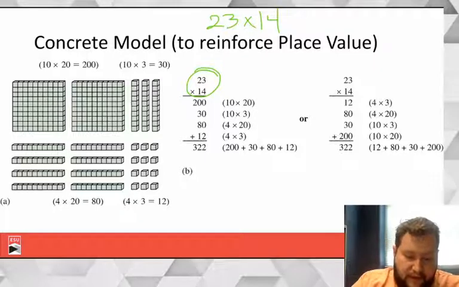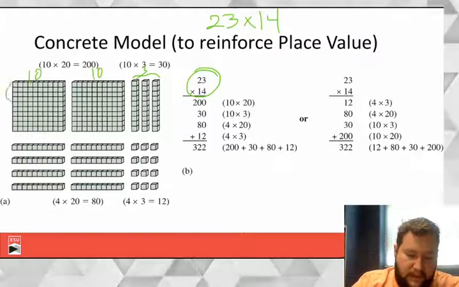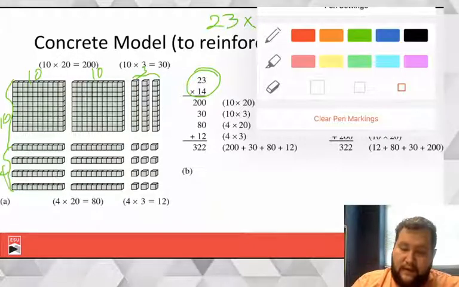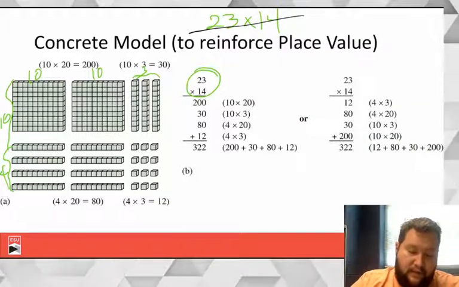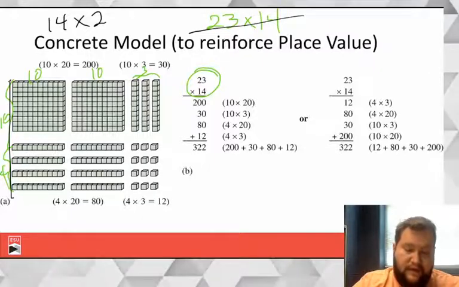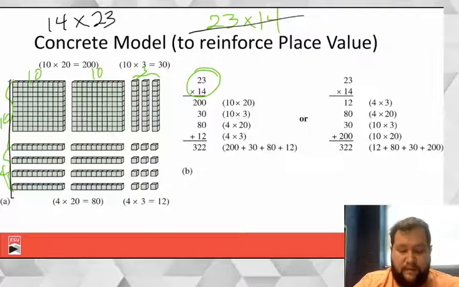And so we have 10, 10, and 3, and 10, and 4. Actually, I'm going to argue that that's not 23 times 14. We have rows times the size, so we have 14 times 23. And we can do this by place value, just like we would have with the area model.